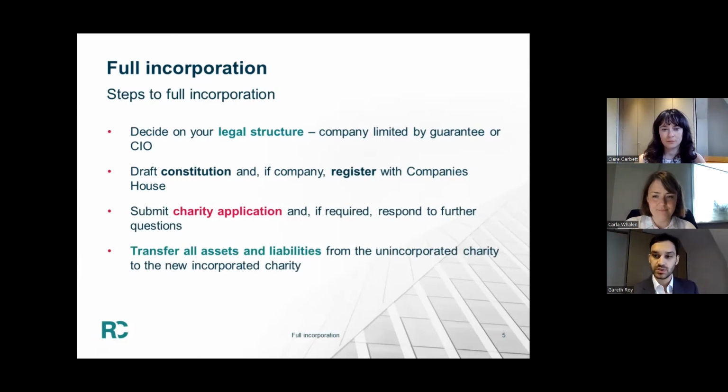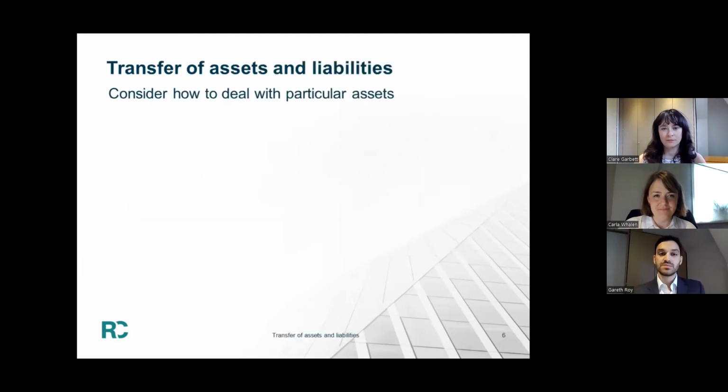Once, fingers crossed, your new corporate charity is registered with the Charity Commission, you then need to transfer all of the assets and liabilities from the old charity to the new charity. In terms of how those assets and liabilities are transferred and what work is involved, it will very much depend on your charity and on the complexity and size of the assets and liabilities that the charity has.